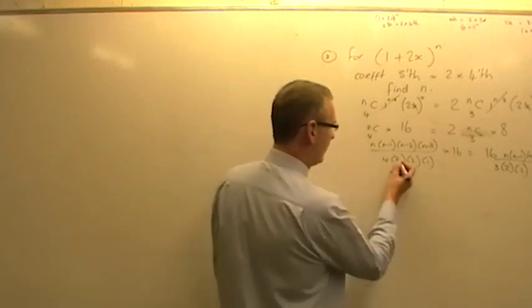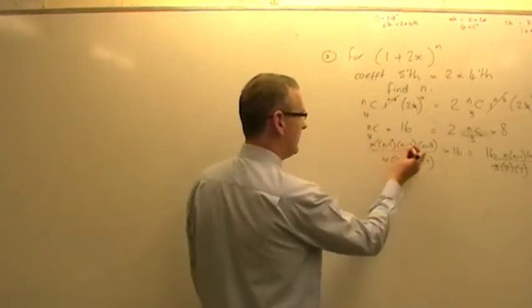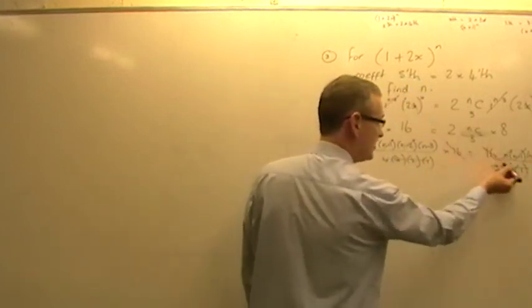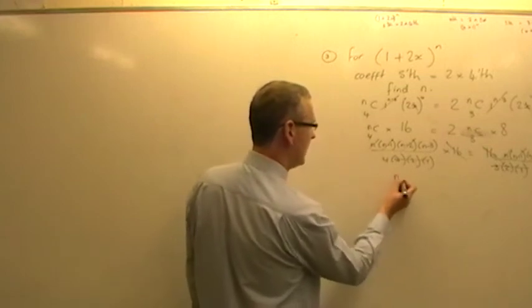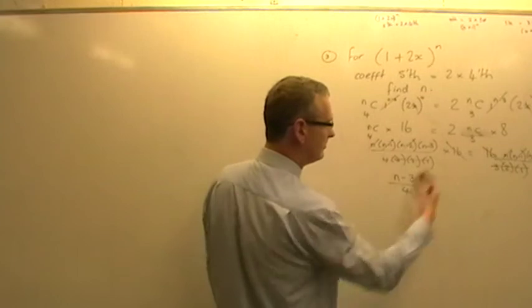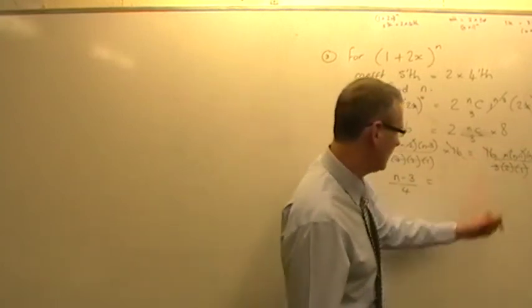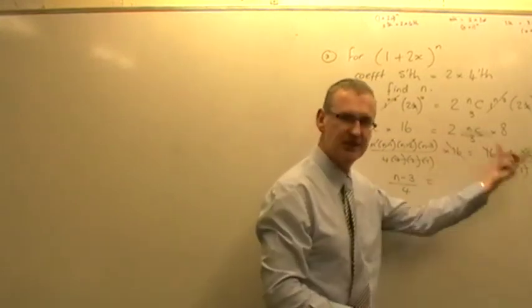Okay, 3, 2, 1, 3, 2, 1 can strike out. n minus 1, n minus 2, n minus 1, n minus 2. 16, 16. All of that can cancel out. So all I'm left with is n minus 3 over 4 is equal to, and on the right hand side if you look at it, what you've actually got is everything is cancelled out. So when I was getting rid of the 16, I'm dividing both sides by 16.